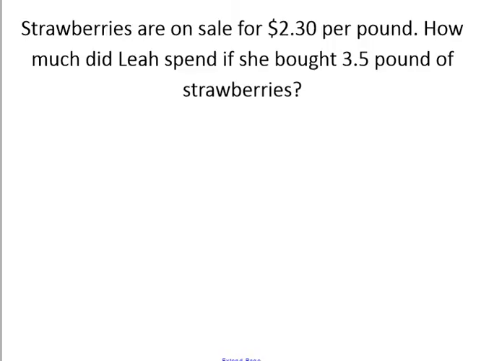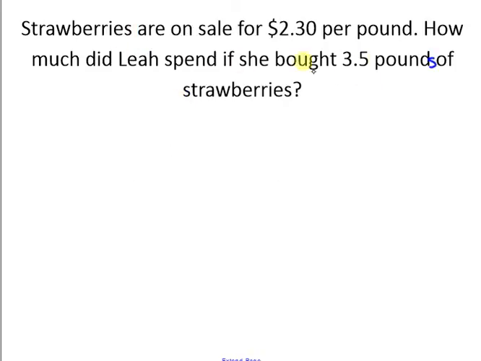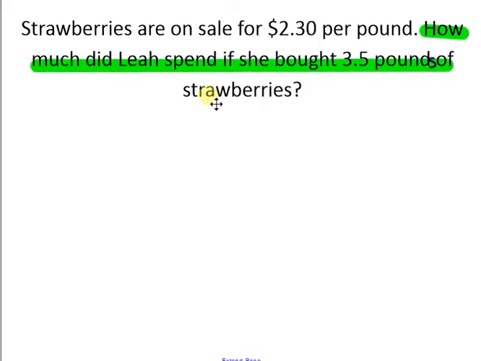Okay, strawberries are on sale for $2.30 a pound. How much did Leah spend if she bought 3.5 pounds of strawberries? So let me go ahead and highlight my question. How much did Leah spend if she bought 3.5 pounds of strawberries? Okay, now what is the operation?